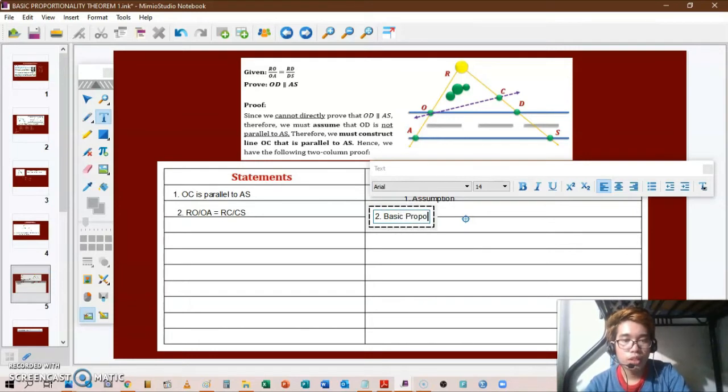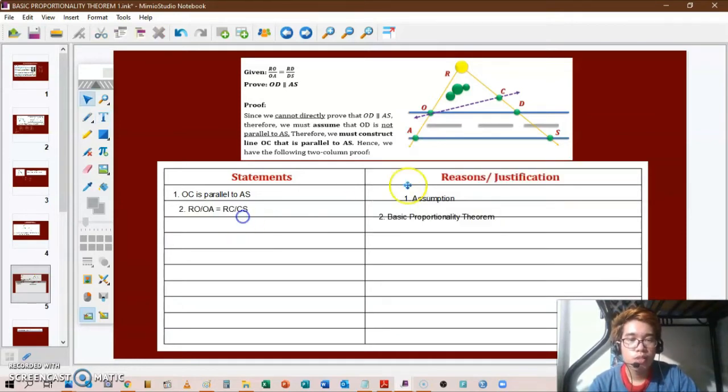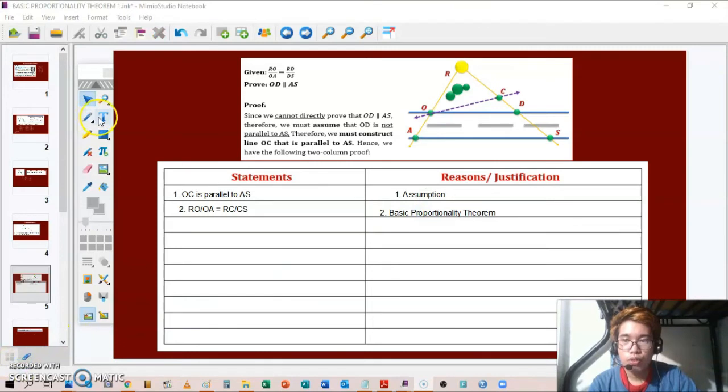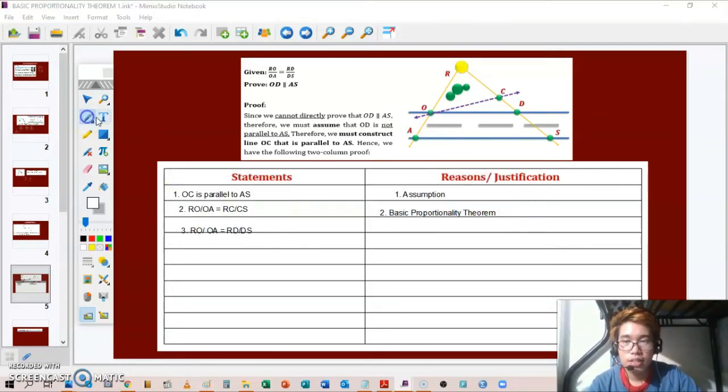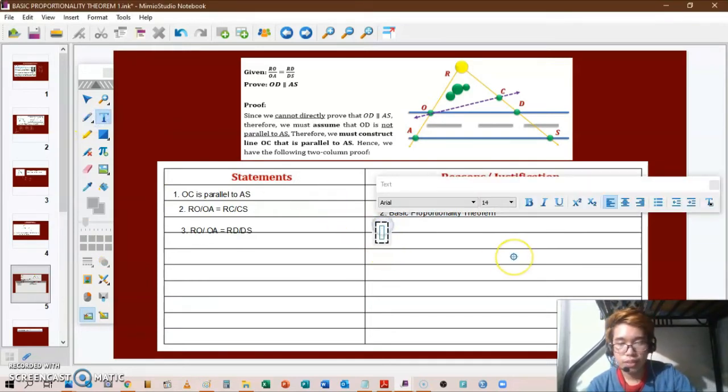What we want to prove here is the converse of the basic proportionality theorem, so we can use this reason for this proof. For our third statement, we write the given itself: RO over OA is equal to RD over DS. That is simply given.